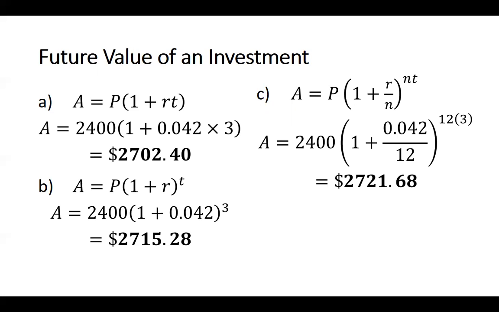But now you notice that as we increase the number of compoundings, the amount of interest increases. So what happens as we go to compounding continuously? If you're compounding continuously, then you're constantly receiving more interest, in this case on an investment.